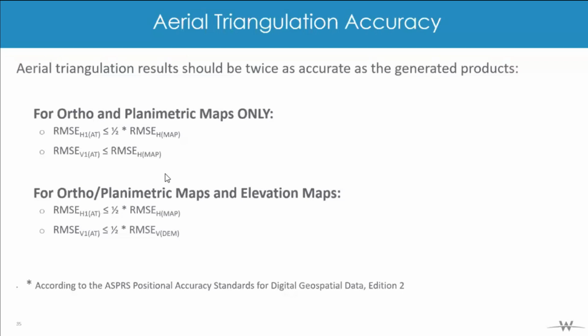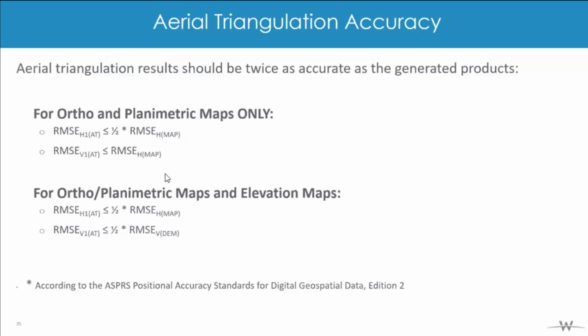And if you are generating only planimetric maps, two-dimensional, the vertical on top really equals the vertical of the map, for example, or the horizontal of the map, just because in the ortho rectification, the effect of the DSM is not one-to-one.